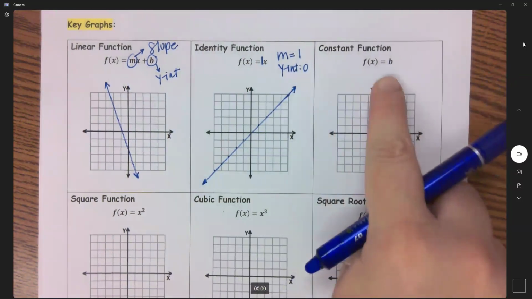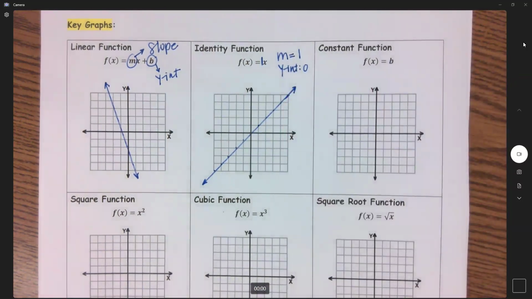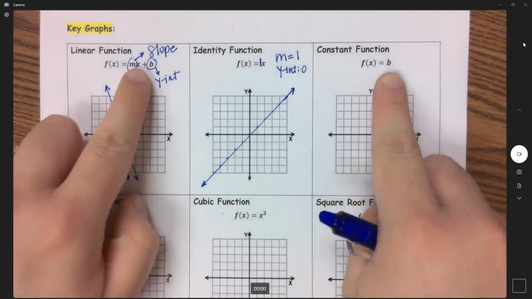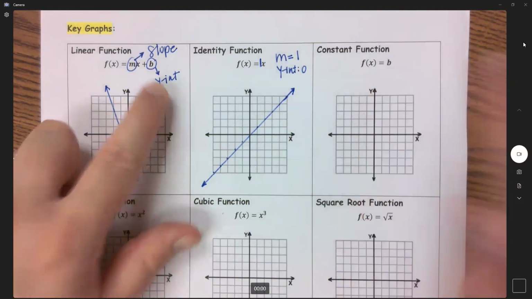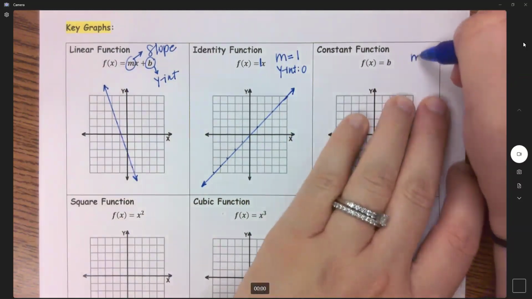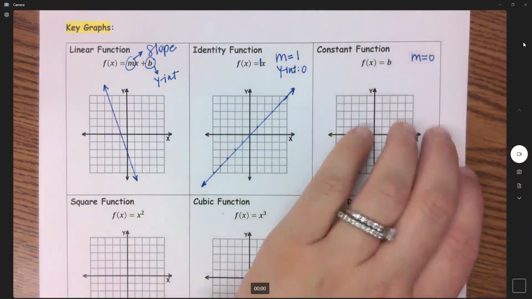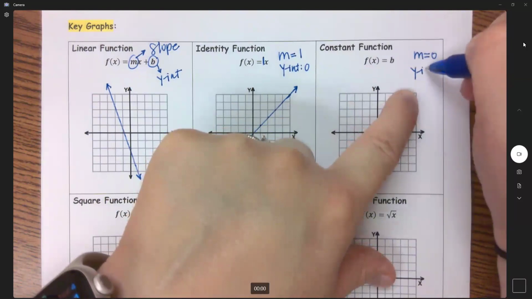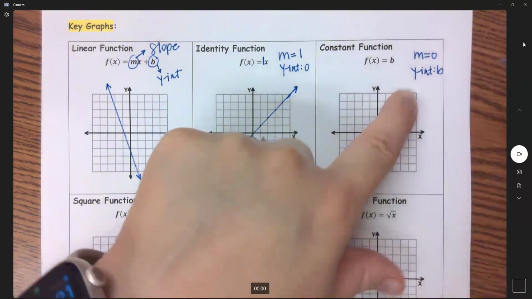Then we have, this one is almost kind of the flip, not really, but kind of, of your identity function. If we have f of x equals b, now all I have is that y-intercept. So here we have a slope of 0 since I have no x in this. And then my y-intercept is whatever b is.